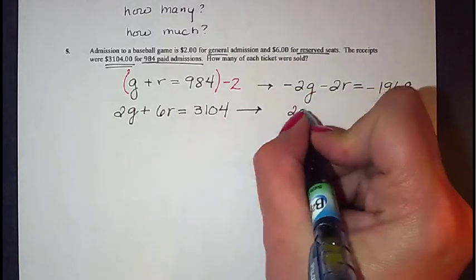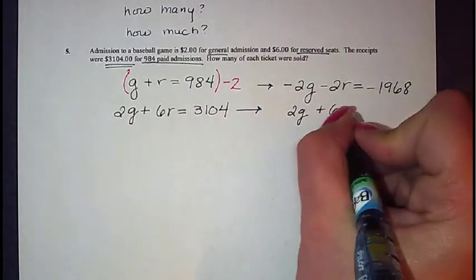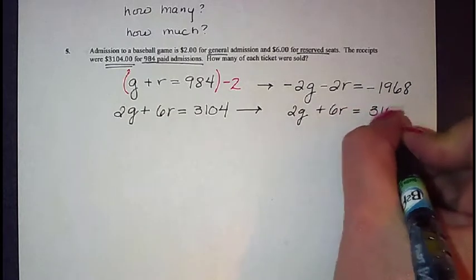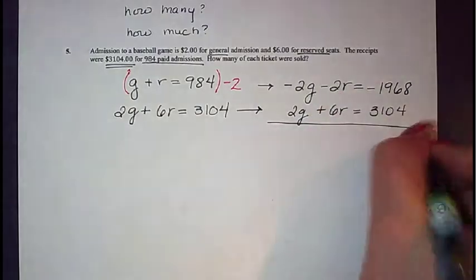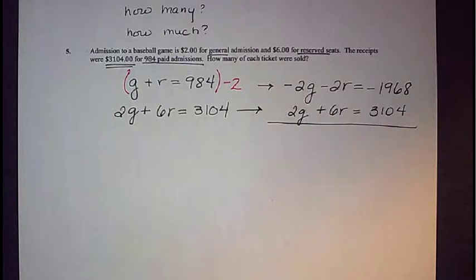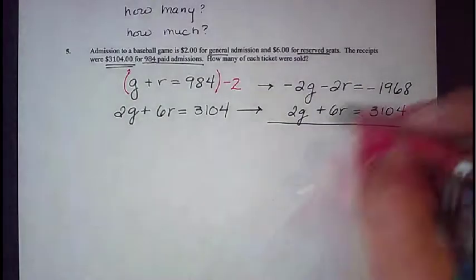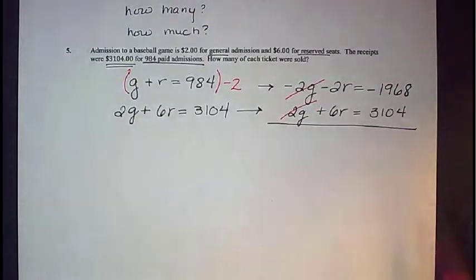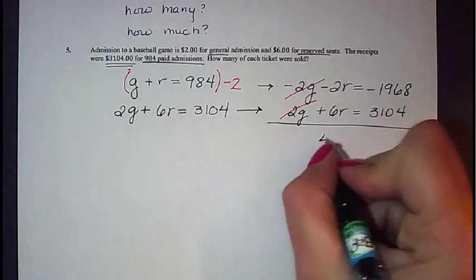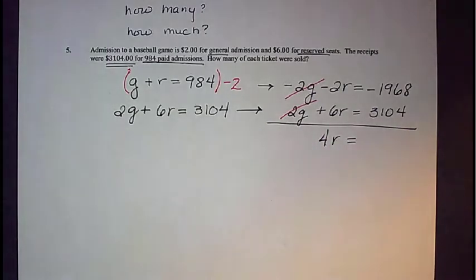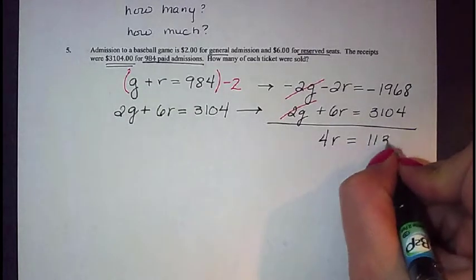So 2G plus 6R equals 3104. Again, add my two equations together since I'm using the addition method. My 2G's are going to cancel, which is what I wanted to happen. I get 4R equals 3104 minus 1968 gives us 1136.